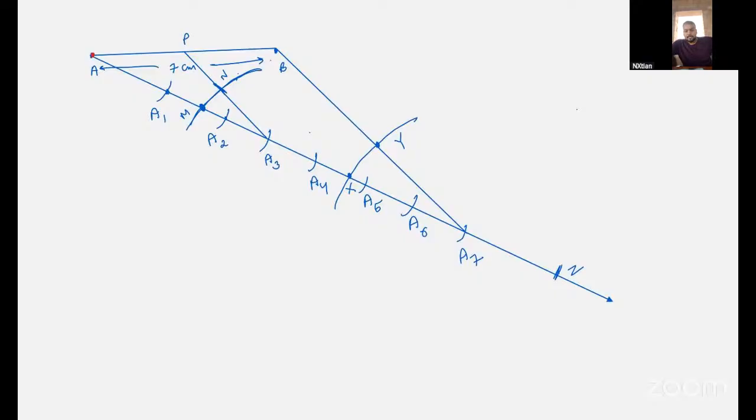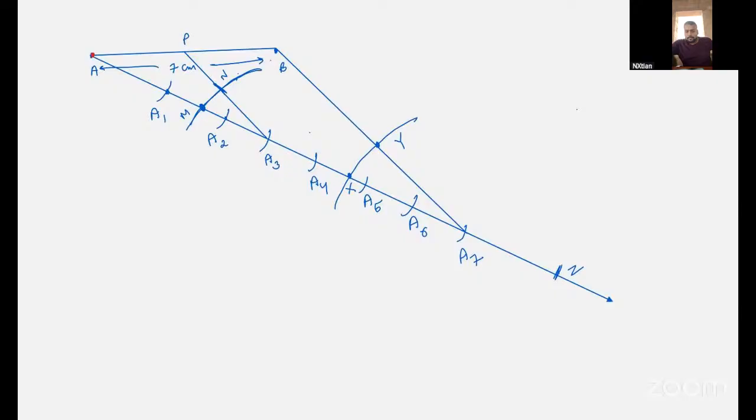Without disturbing the compass, put your needle on A3 and make an arc such that point M is on the AZ ray.